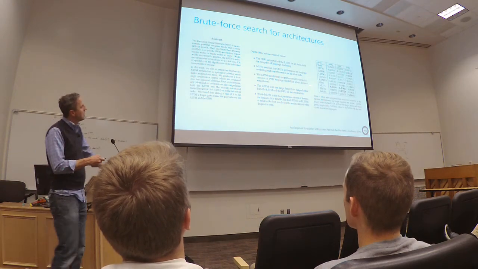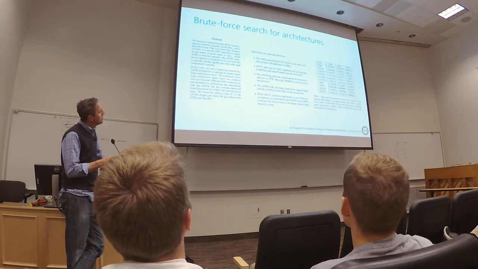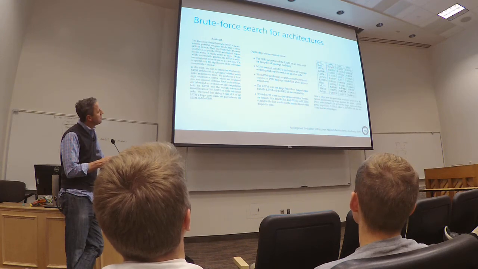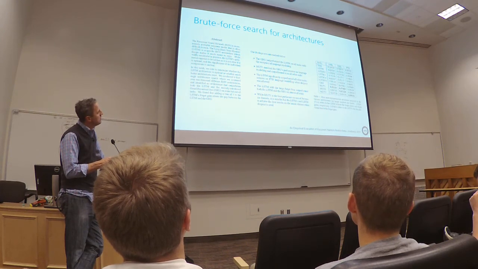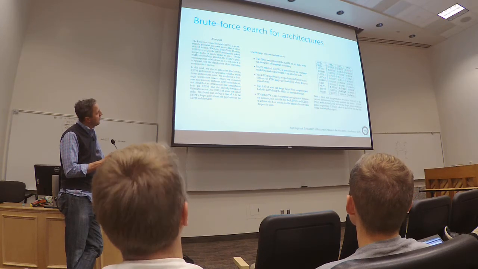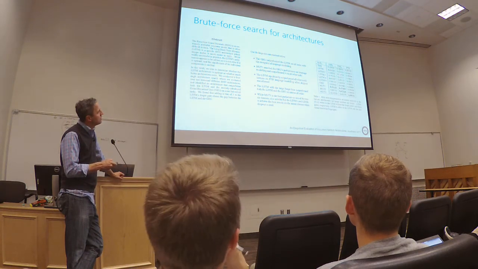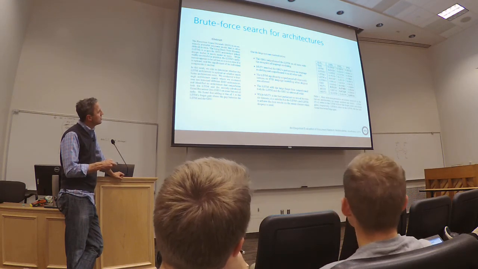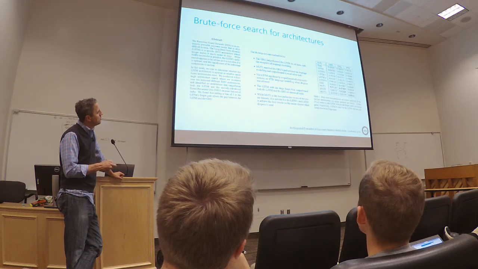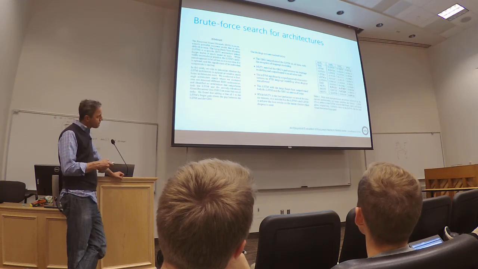So here's the table of conclusions. Here are three different benchmark time series problems: an arithmetic problem, an XML parsing problem, and Penn Treebank, which is natural language processing. And here's a bunch of architectures. The numbers here are accuracy scores, so higher is better, and the things that are bolded performed best.